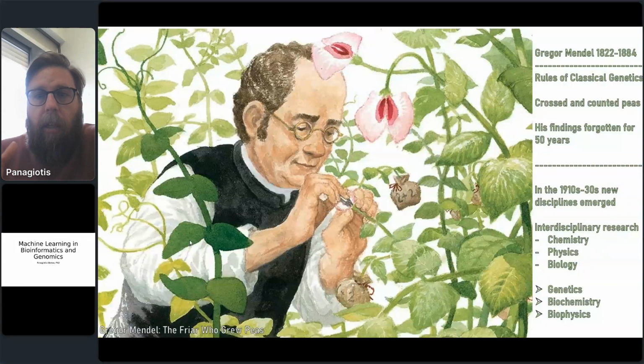And then in the early 1900s, new disciplines started emerging, combining research from chemistry, from physics, and from biology that were already established disciplines, and creating the sciences of genetics, the science that studies DNA and heredity, biochemistry, so chemistry and biology, and biophysics.